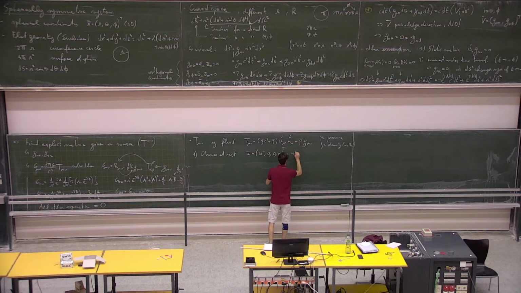And just to be clear with respect to what I was saying before, we have that u0 is dx0 over d tau.